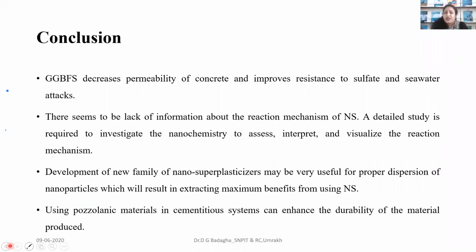All the supplementary cementitious materials are very advantageous, and based on all the chemical, physical and mechanical properties and their nature, we conclude that yes, these materials are advisable to use in advanced concrete manufacturing in recent trends. Okay, so here I can conclude my session.